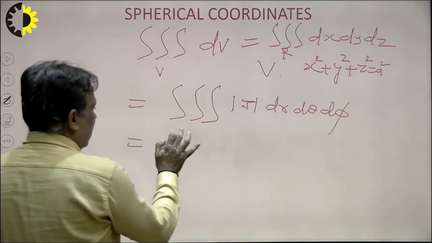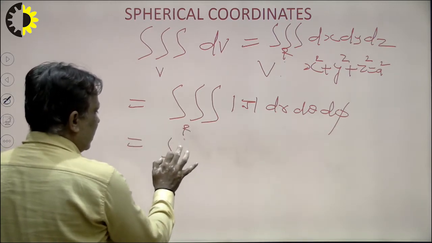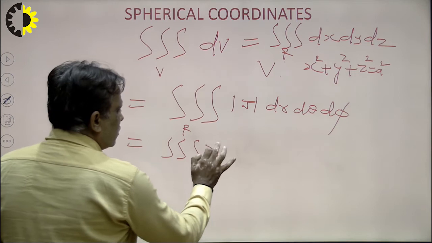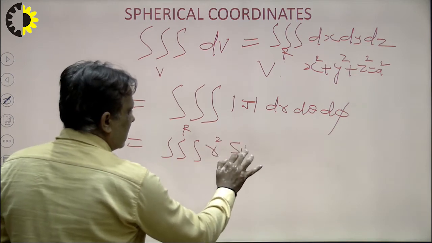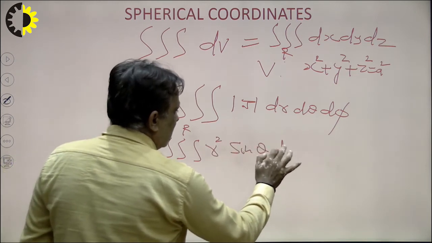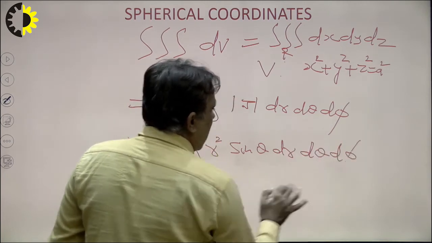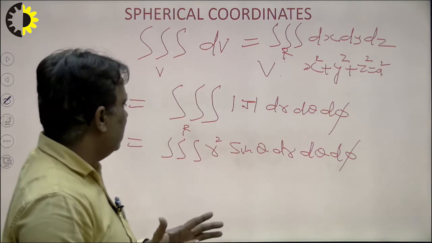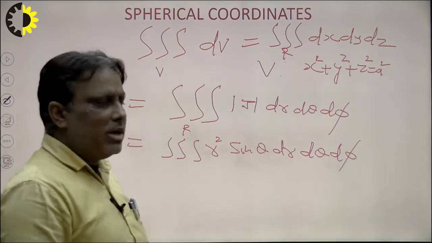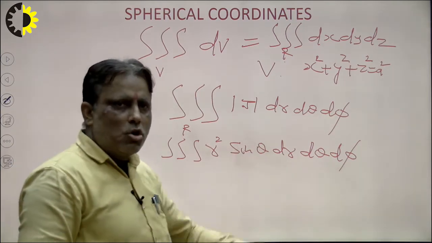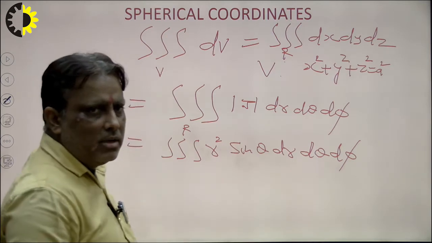Now what will be the Jacobian here? The triple integral of r square sin theta dr d theta d phi. Now the question is how to take the limits of r, theta and phi. First we obtain the first octant volume and multiply by the respective quantity.